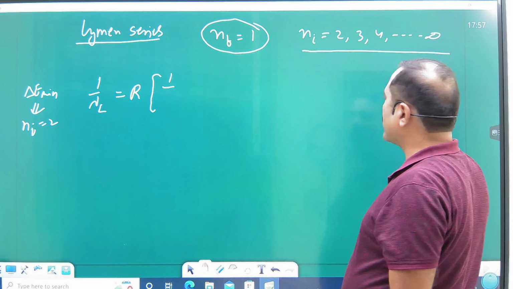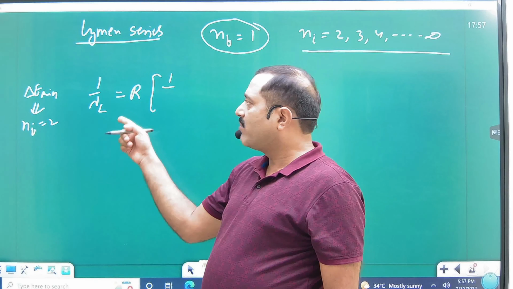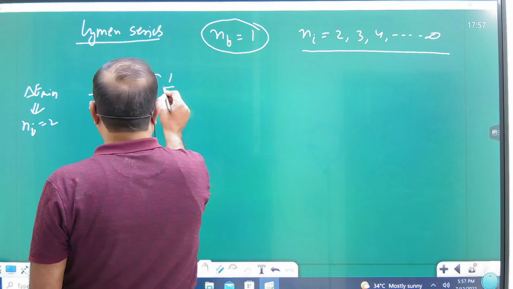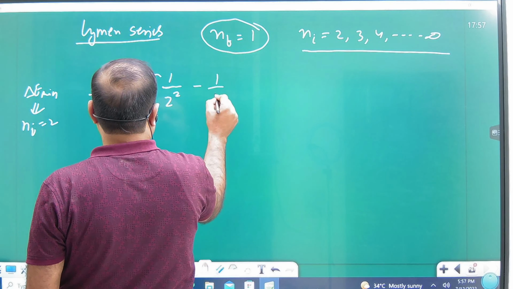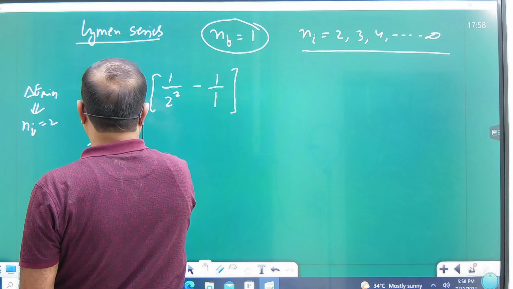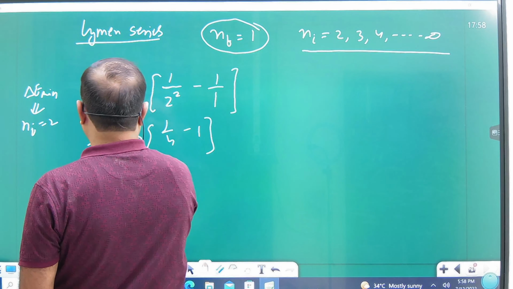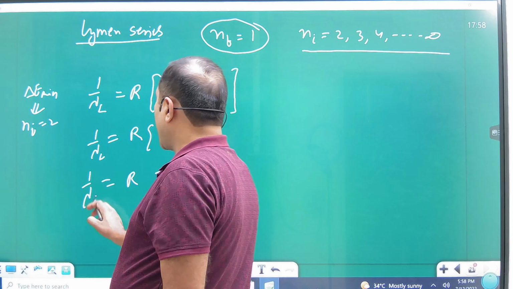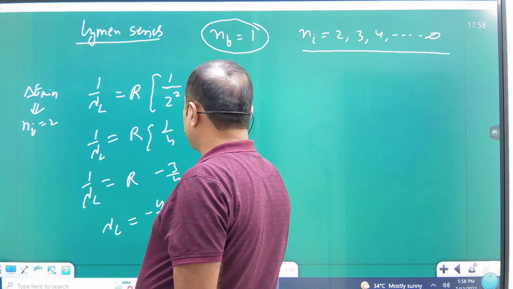So 1 by lambda longest will be equal to R times (1 by 1 square minus 1 by 2 square), that is R times (1 minus 1 by 4) which is 3R by 4, and so lambda longest will be equal to 4 by 3R.